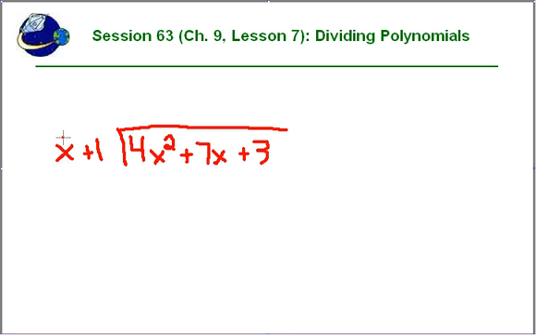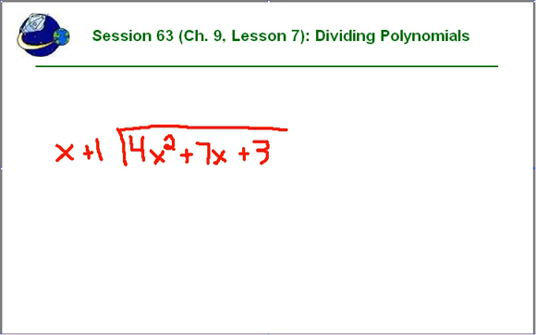And we ask ourselves, how many times will x go into my biggest degreed term over here? Well, my biggest degreed term is x squared. So then, how many times will x go into 4x squared? Another way of asking yourself, is it x times what is 4x squared?